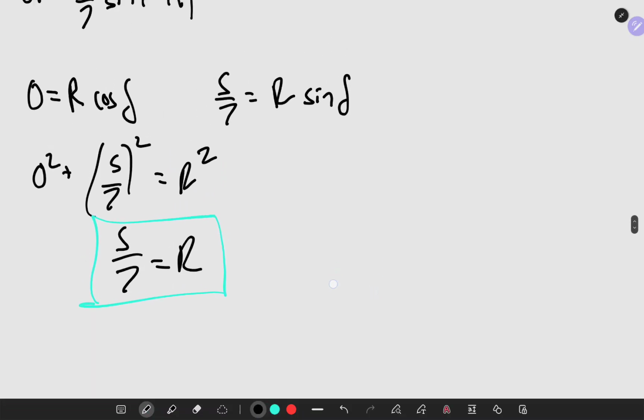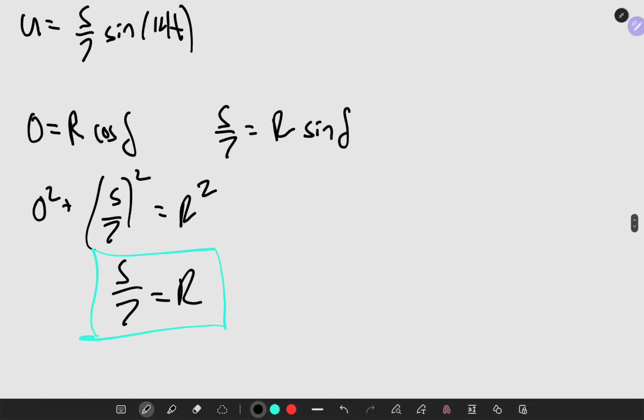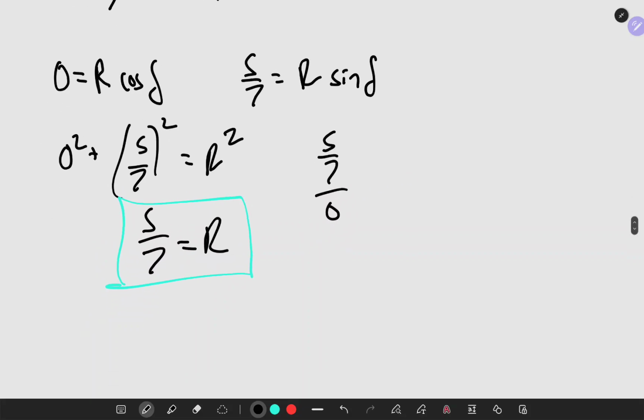Now if it asks for the phase, which is delta, remember we divide these two equations. We want sine over cosine, so we'd have 5/7 over 0. Oh no. That's undefined. Well, it may be undefined, but what makes tangent undefined?